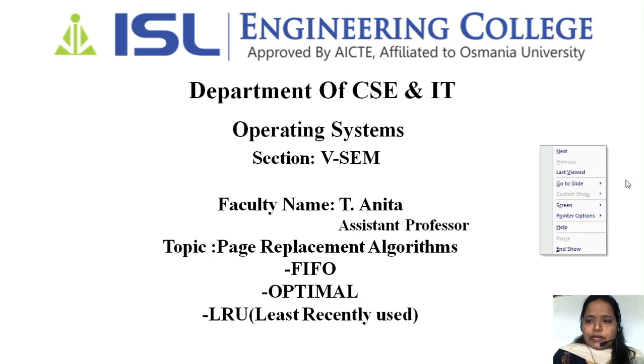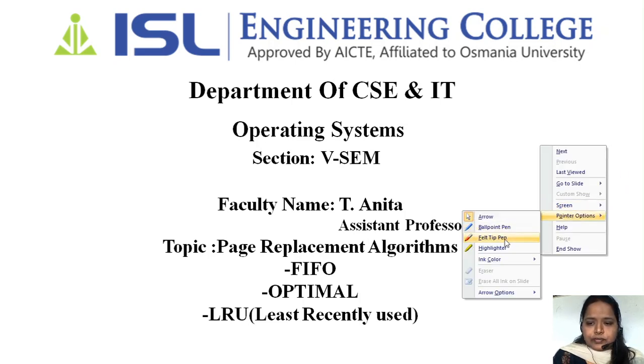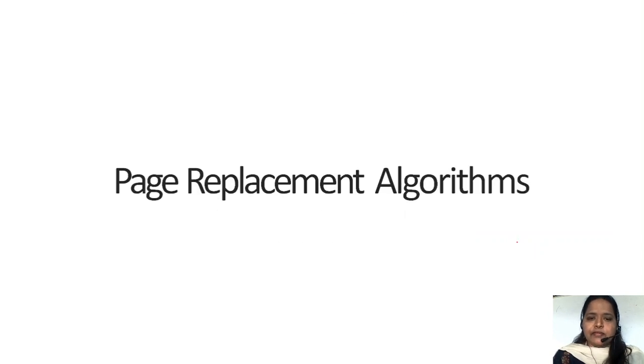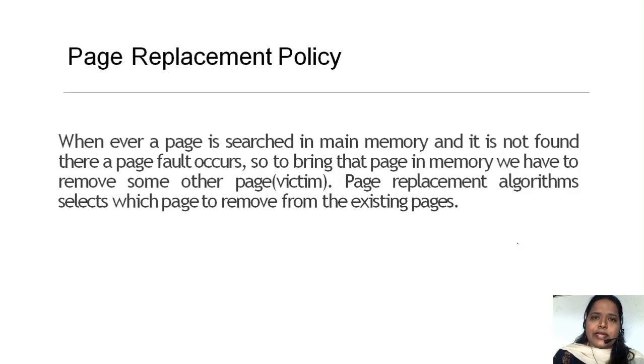When we are going for page replacement algorithms, what the page replacement algorithm tells us is which page we have to replace from the main memory and which page from the secondary memory we have to insert in its place. That we will see by these page replacement algorithms. The policy of the page replacement algorithm applies whenever a page is searched in the main memory.